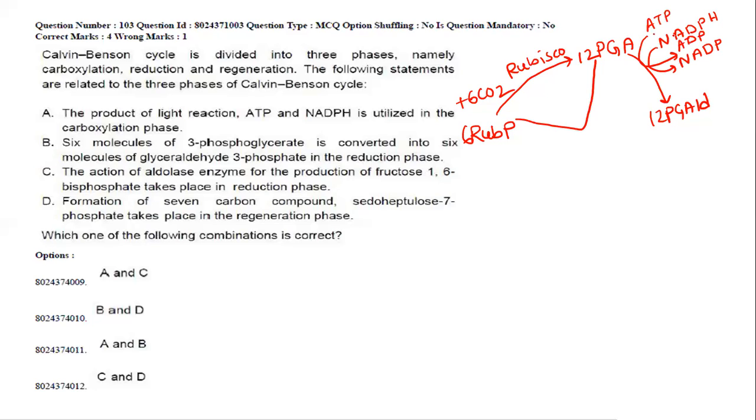Here 12 molecules of NADPH and 12 molecules of ATP become 12 molecules of ADP. 12 PGAL then divide into 10 PGAL and 2 PGAL. The 2 PGAL are synthesized via the glycolysis pathway in reverse to synthesize glucose molecules, right? Now up to this step, 10 PGAL, this step is known as the reduction step. The first step is carboxylation.